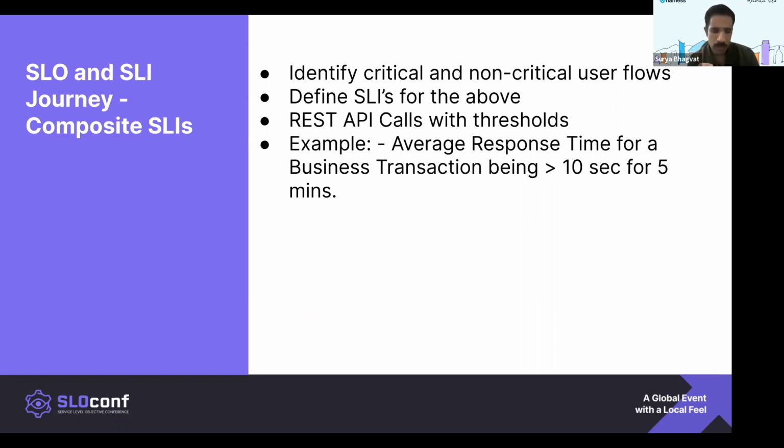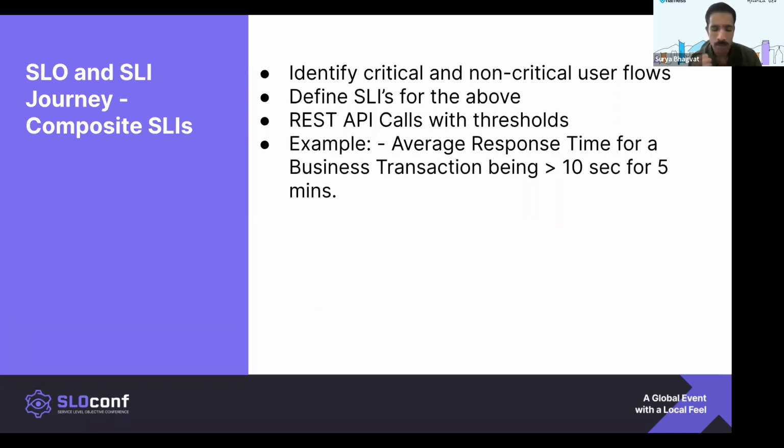For the critical user flows, we went into the API calls. It cannot be one API call, it's probably a combination of multiple API calls, which indicates what the customer is seeing at the end of the day.